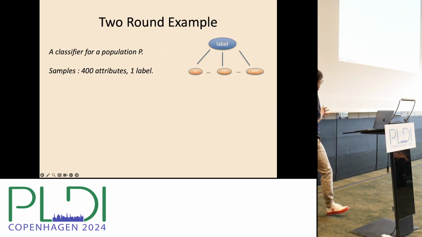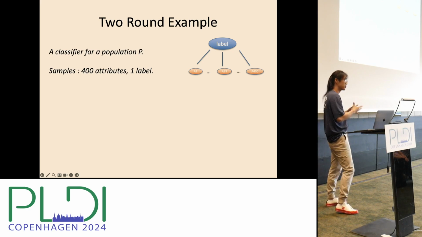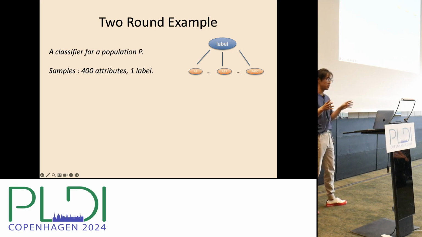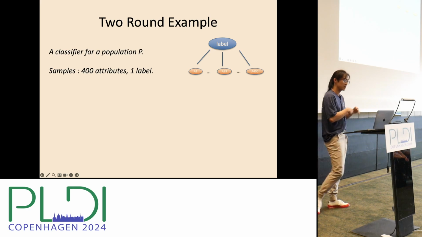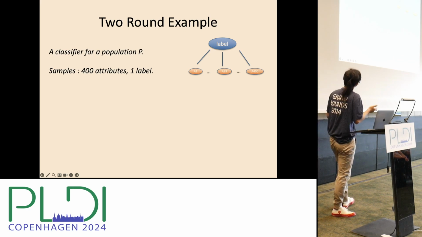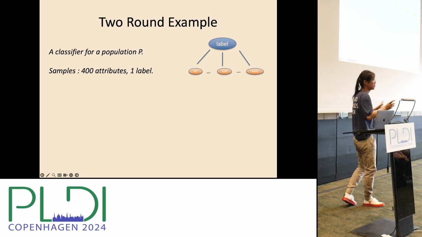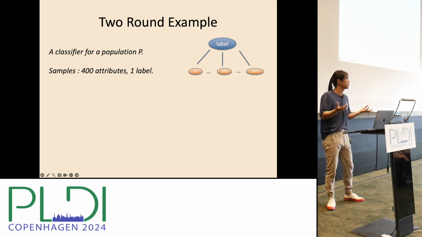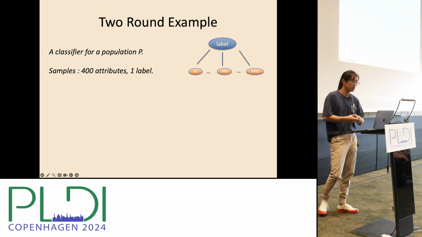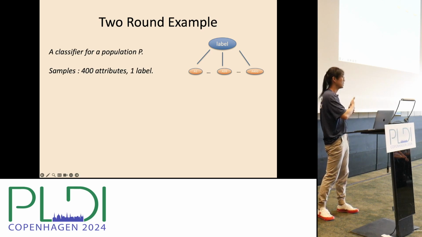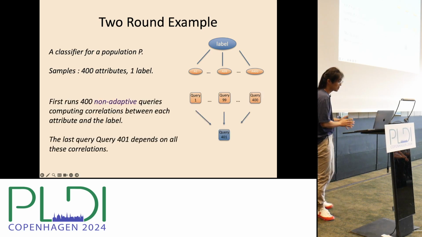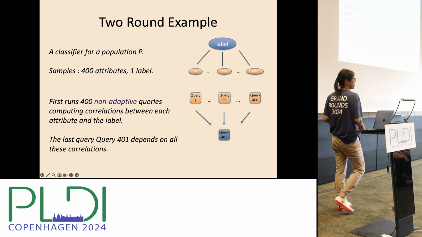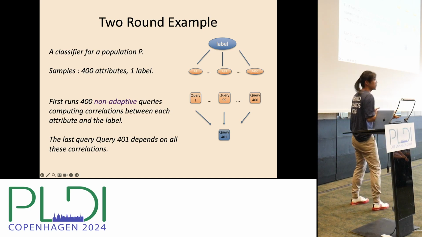To illustrate this concept, I first want to introduce one example. I call it the two-round example. Suppose we have a classifier for population P, and we have samples with 400 attributes and one label. To simulate this in adaptive data analysis, we can first run 400 non-adaptive queries, computing the correlations between each attribute and the label.